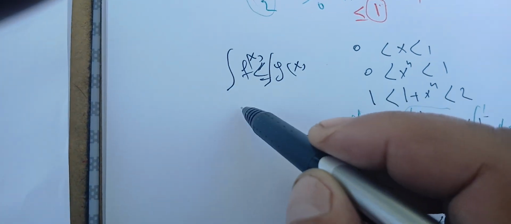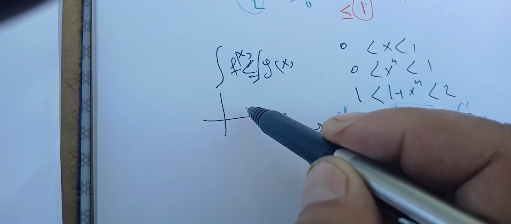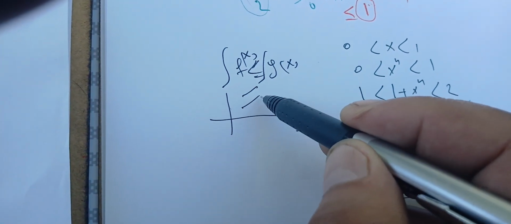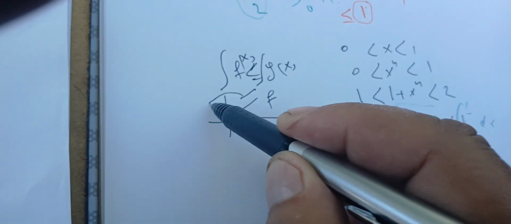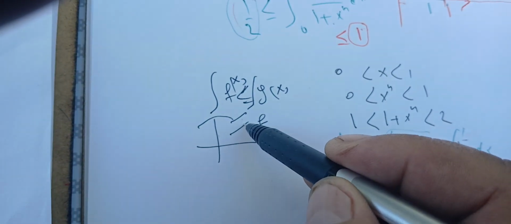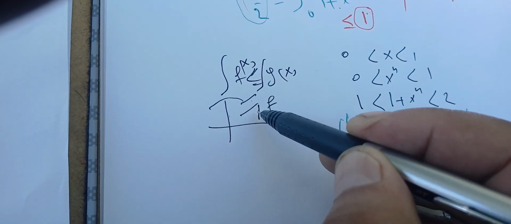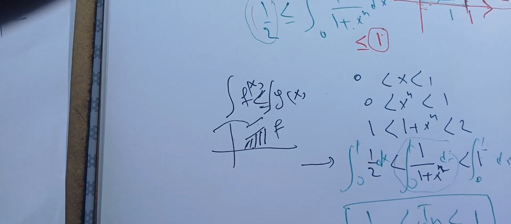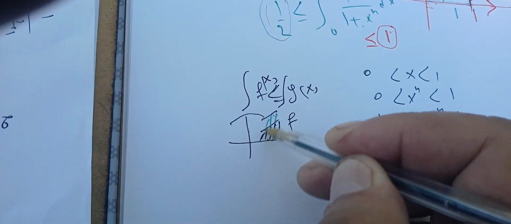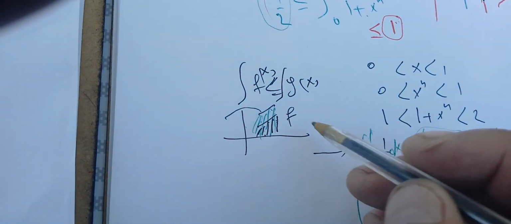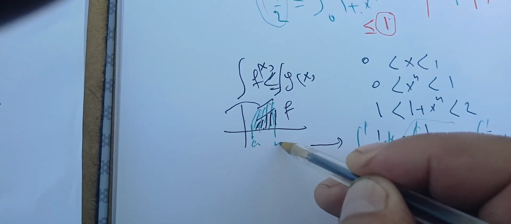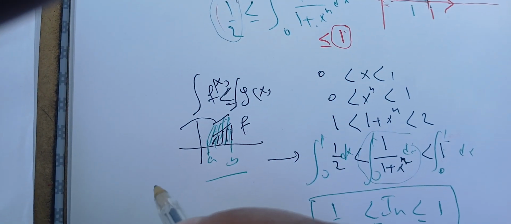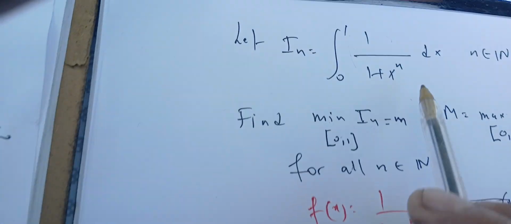If f is less than g, when we integrate, the area of f is less than the area of g, which is bigger, the one in green. This is logical, in this interval, let's say [a, b]. And that's all we need here.